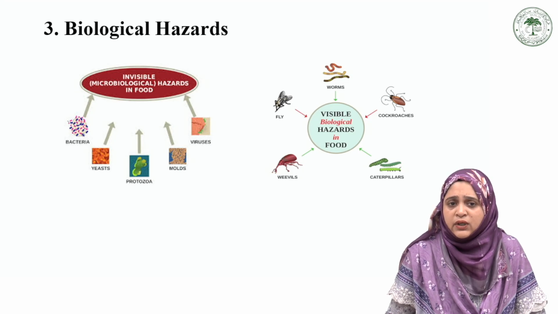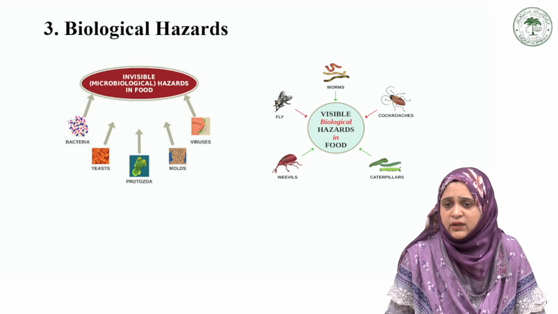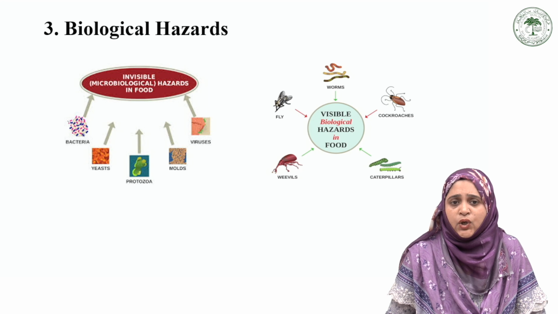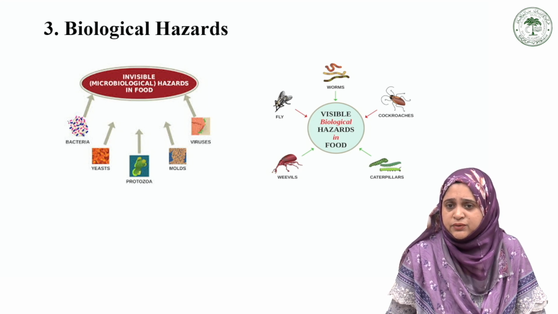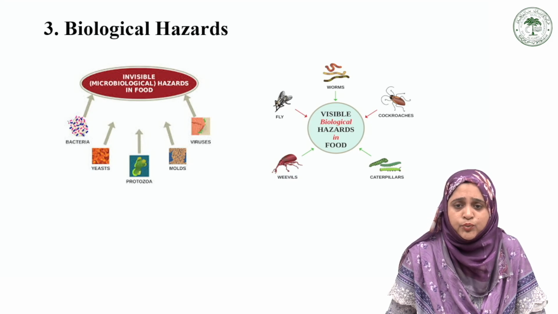They are also called invisible microbiological hazards, like bacteria, for example Salmonella, E. coli, viruses, for example norovirus, hepatitis A, and parasites, for example protozoa. They are too small to see but can contaminate the food through poor hygiene or contaminated waste.